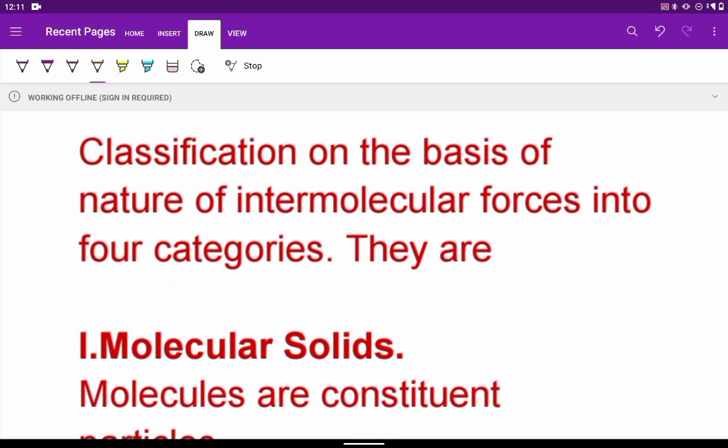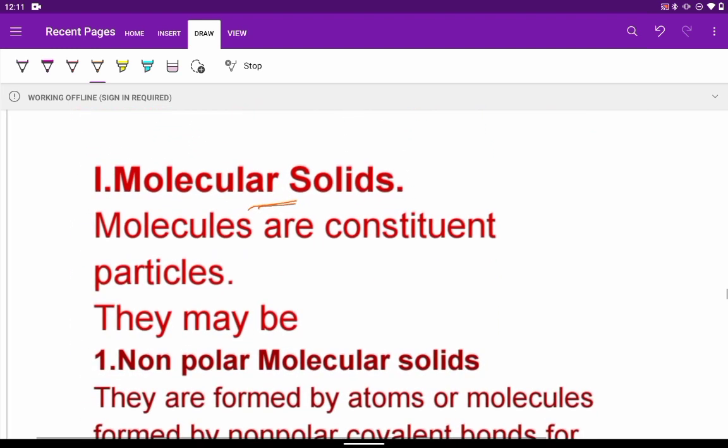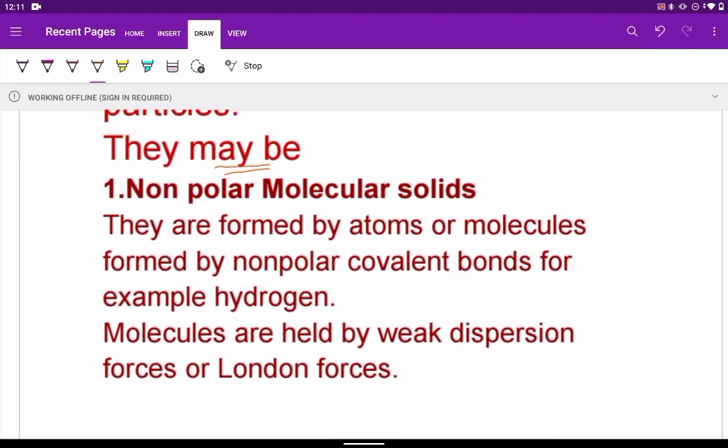The first one is molecular solids. As the name suggests, the molecular solids have molecules as the constituent particles. They may be of more subtypes. The first one is nonpolar molecular solids. Nonpolar, so there is no polarity here.